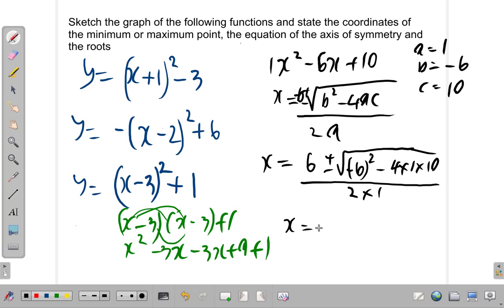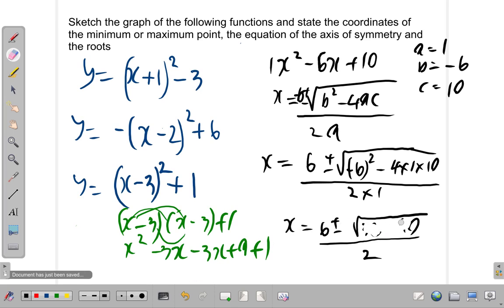So we have x equal 6 plus or minus the square root of negative 6 squared is 36, minus 4 by 1 by 10 is 40, over 2. Alright, let's fix up what we have here now. 36 minus 40 is negative 4.